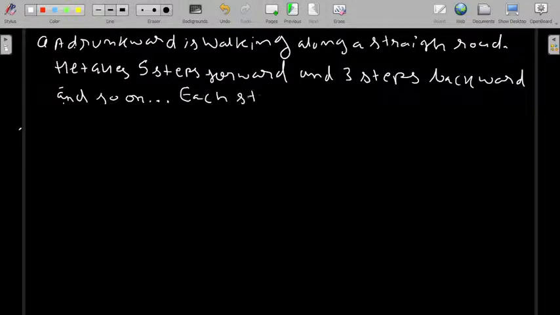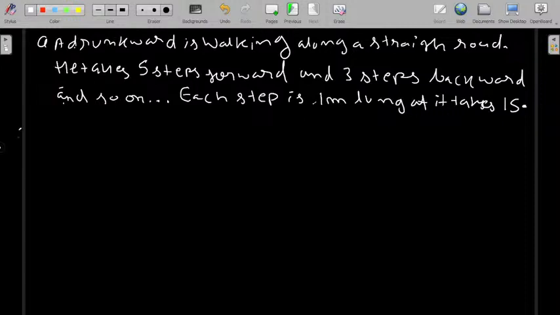Each step is 1 meter long, and it takes 1 second to take 1 step. 1 सेकेंड में 1 स्टेप चलता है और 1 मीटर लॉन्ग चलता है.